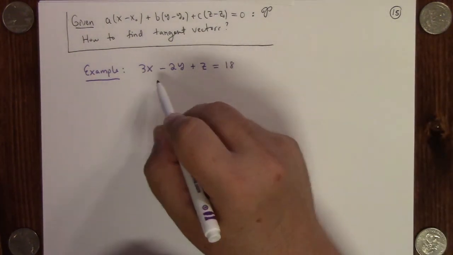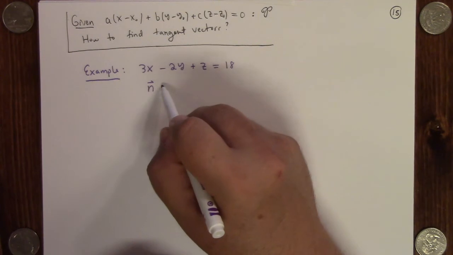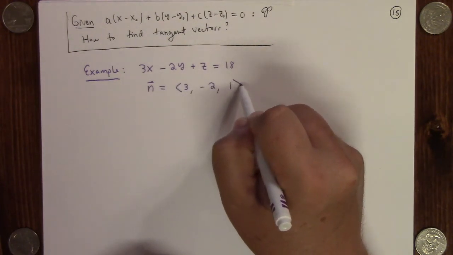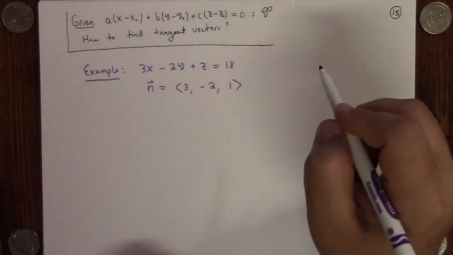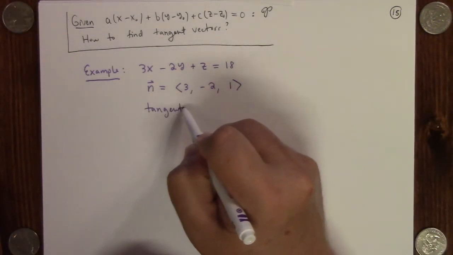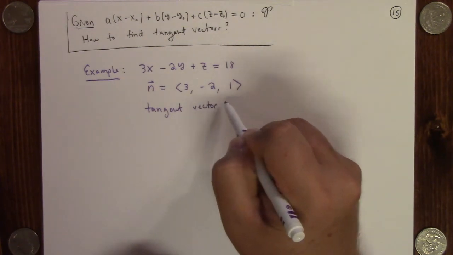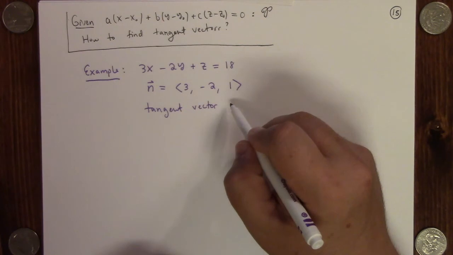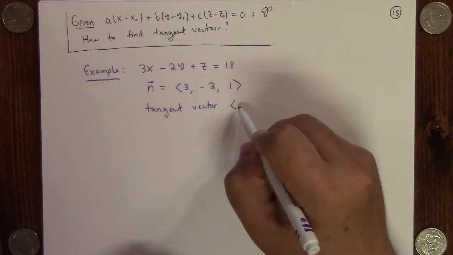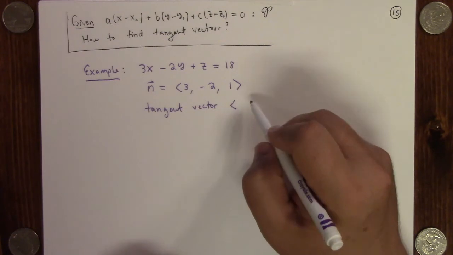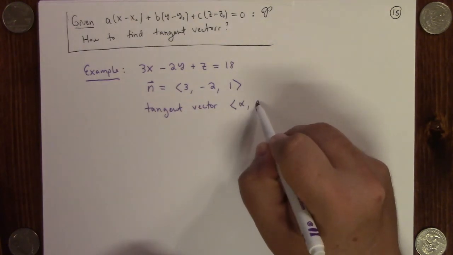I look at that and go, aha, so the normal is 3, minus 2, 1. So if I'm looking for tangent vectors, let's name the tangent vector, we need to give it some letters. I'm trying to think of some letters I haven't used yet. How about some Greek letters? Alpha, beta, gamma.